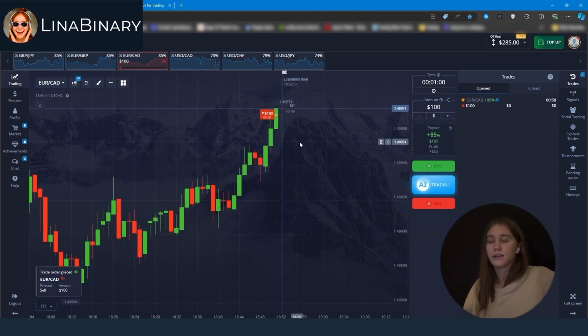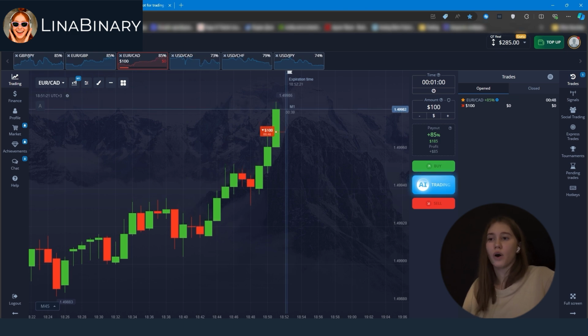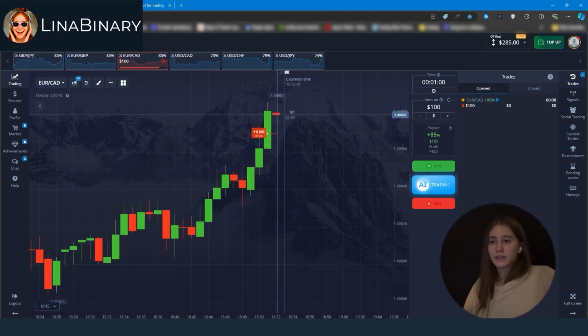I think the artificial intelligence also opened the deal down. Some controversial option. Let's see. 6 seconds, and we see most likely our trade is closing in the negative position.